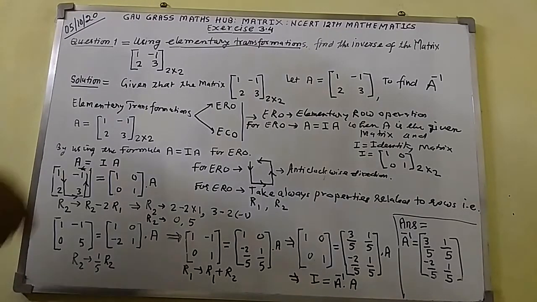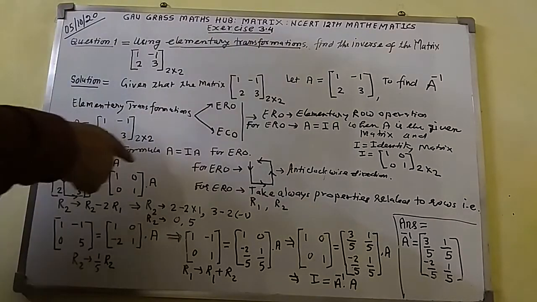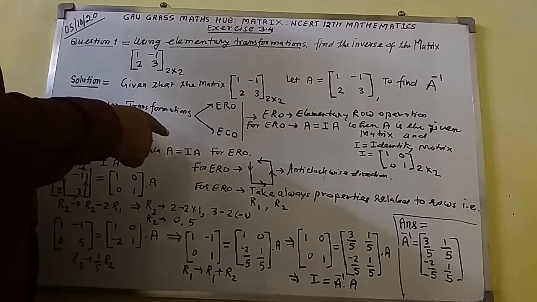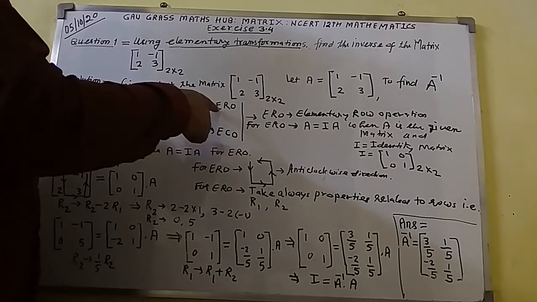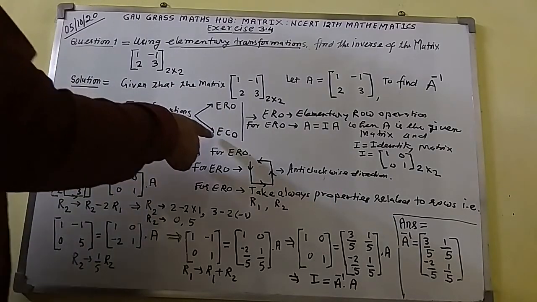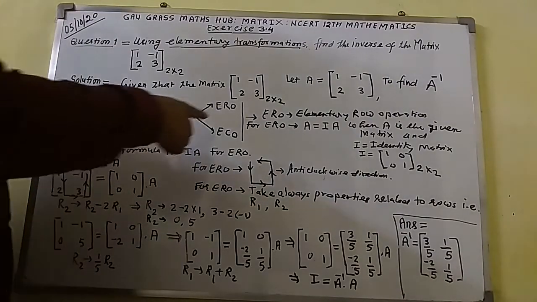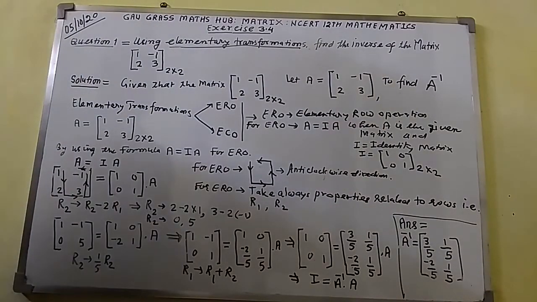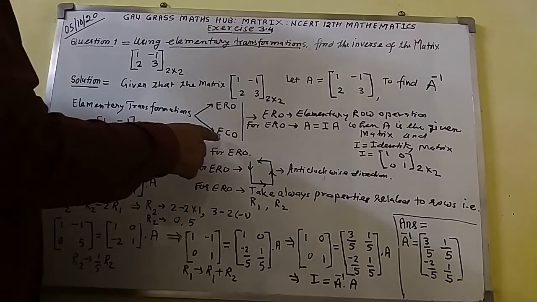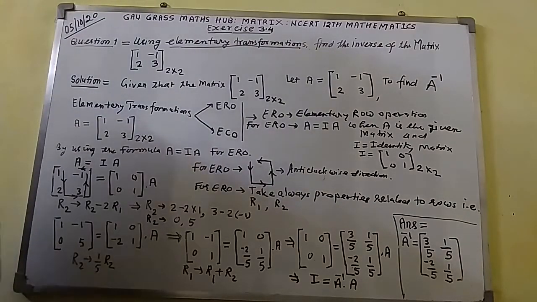Elementary transformations consist of two methods. First, you will take ERO, and second, you take ECO. The full form of ERO is elementary row operation, and the full form of ECO is elementary column operations.